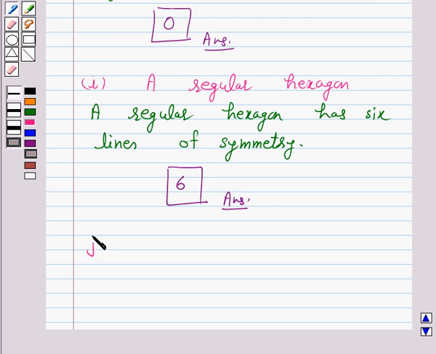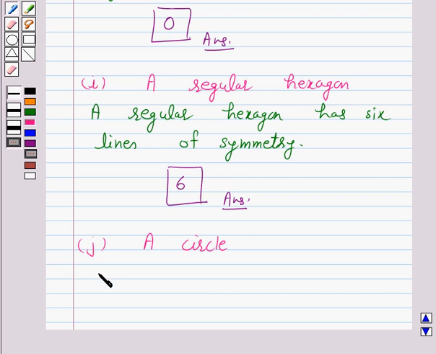Now in part J, the given figure is a circle. A circle is the most perfect symmetrical figure because it has an unlimited number of lines of symmetry, because every line through the center, that is every diameter, forms a line of symmetry.